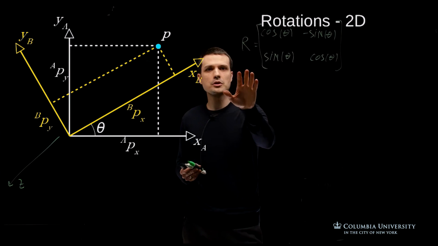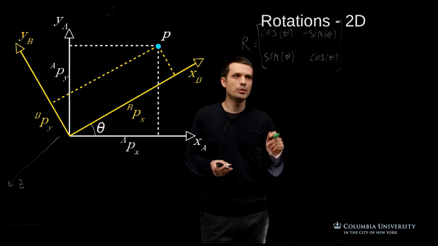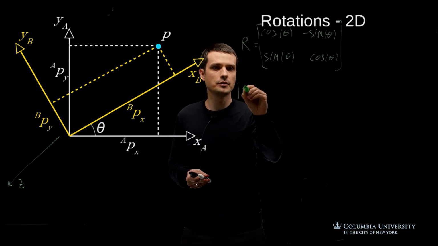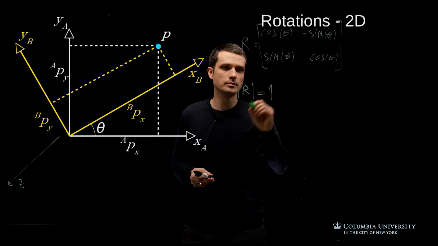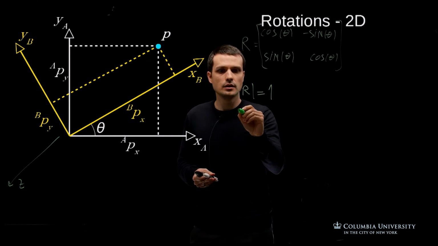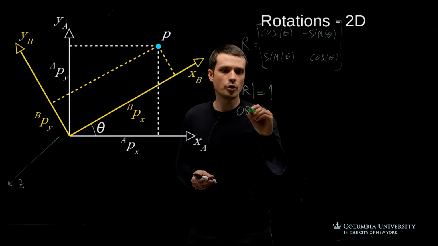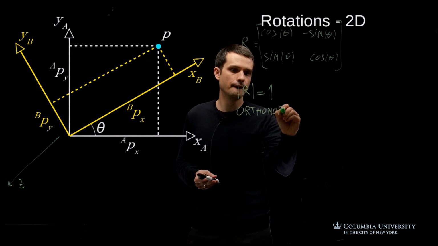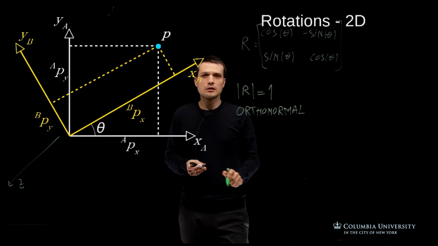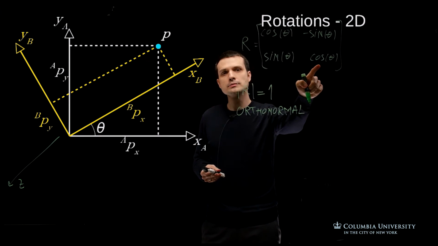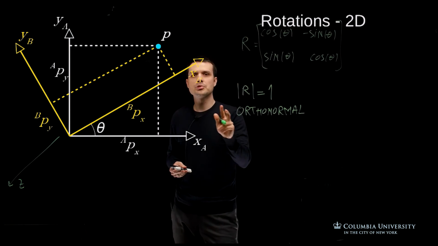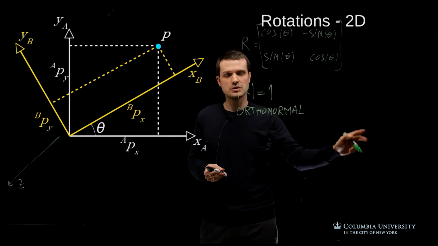So whenever you see a rotation matrix, there are a couple of things that you know are always true. So first of all, the determinant of a rotation matrix is always 1. And even more than that, rotation matrices are always orthonormal. What does that mean? The norm of every column is 1. The norm of every row is 1. The dot product of any two columns is 0.